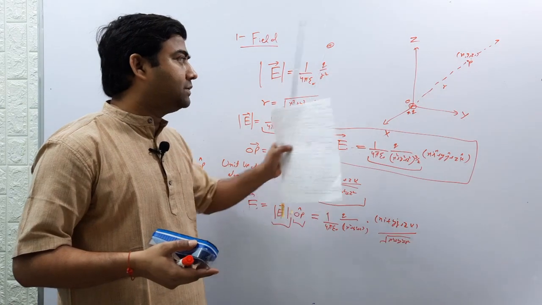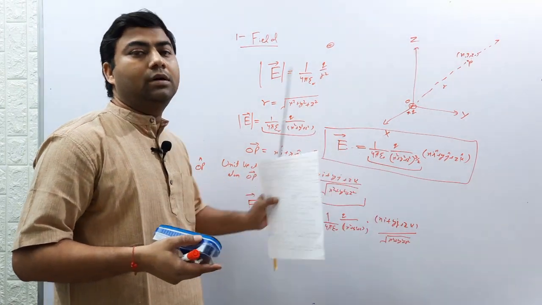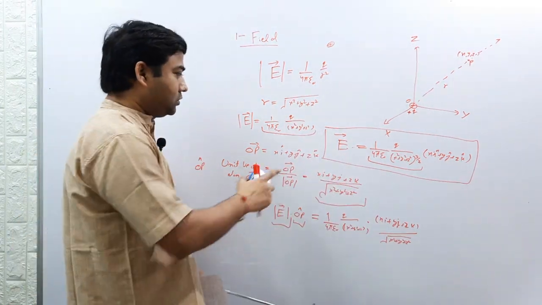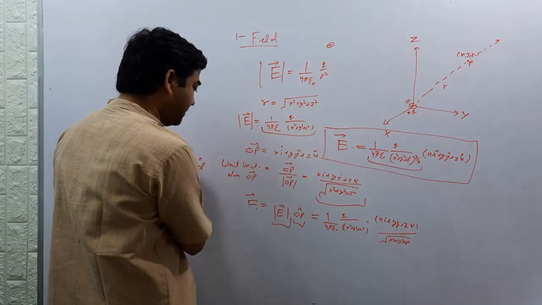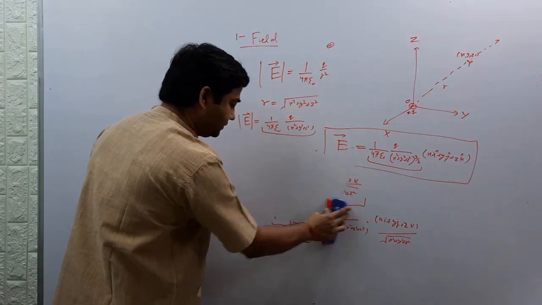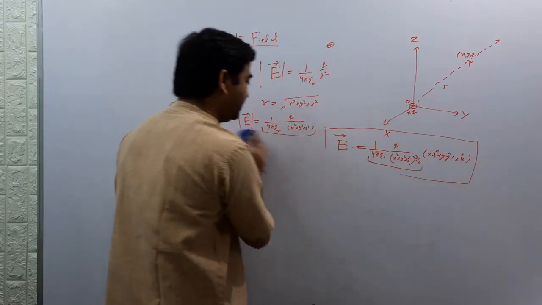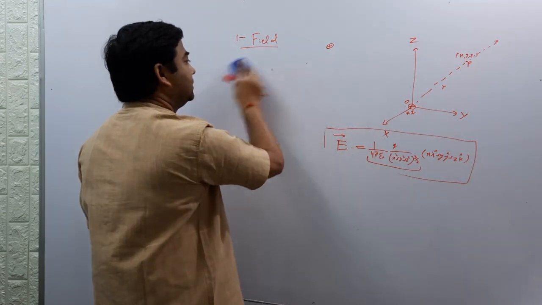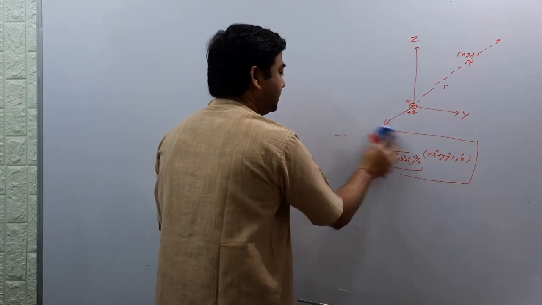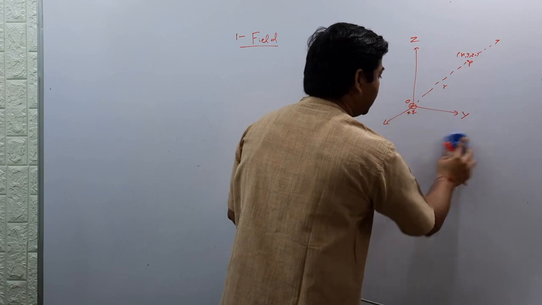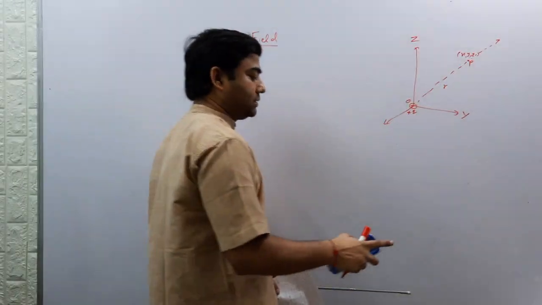That function can represent a vector field or a scalar field. So this simple example represents the field produced by a plus q charge in three-dimensional space.